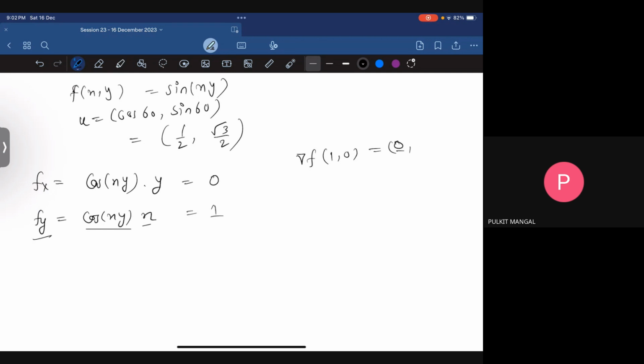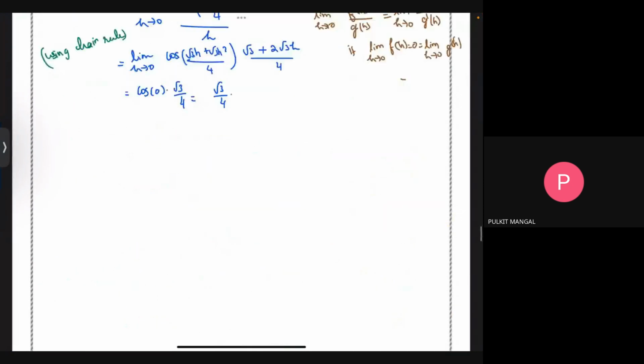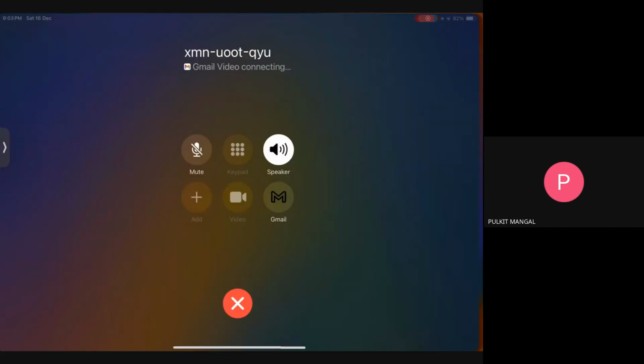So we got the gradient to be 0 comma 1. So the gradient of f dot the unit vector, that is 0 comma 1 times 1 by 2 comma root 3 by 2, gives root 3 by 2. And what ma'am got was root 3 by 4.